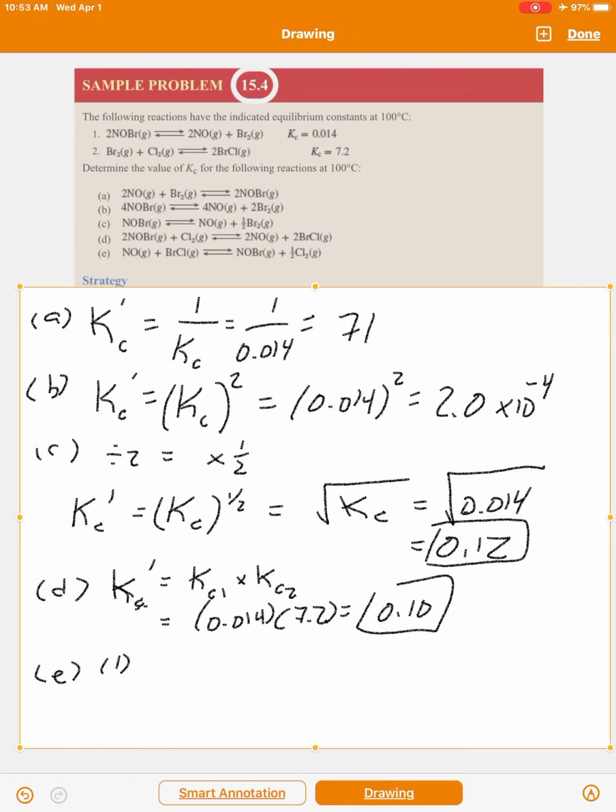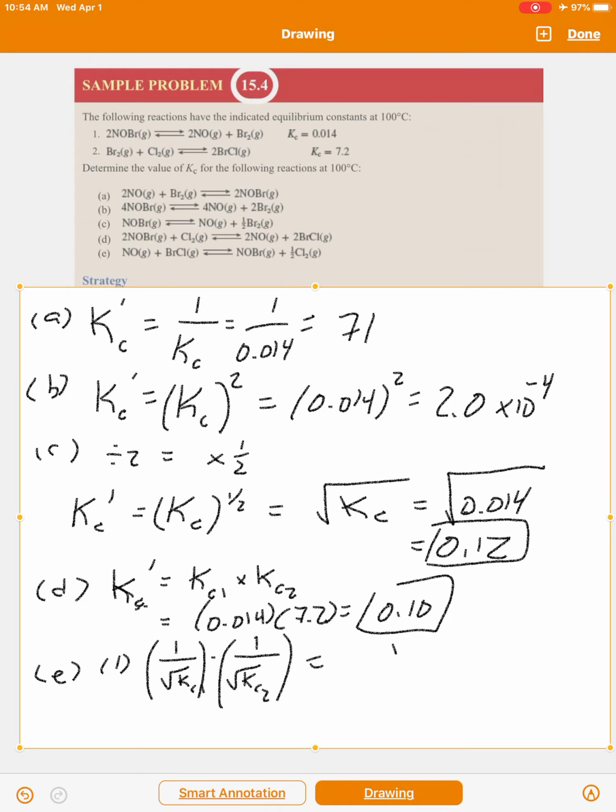For equation 1, we're going to reverse it, and then we're also going to divide by 2, so take the square root. So it's 1 over the square root of Kc1, and then we multiply that by 1 over the square root of Kc2. Why? Because you're reversing each one, so that's the reciprocal. You're dividing by 2, so that's the square root, and then you're adding them together.